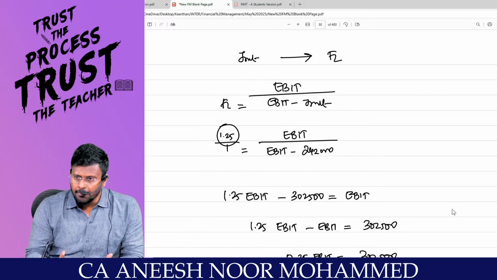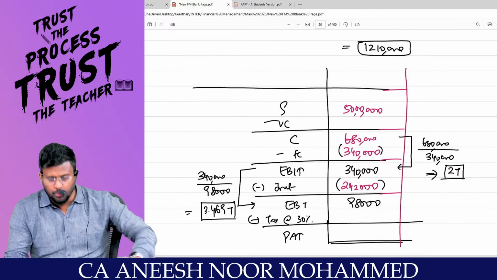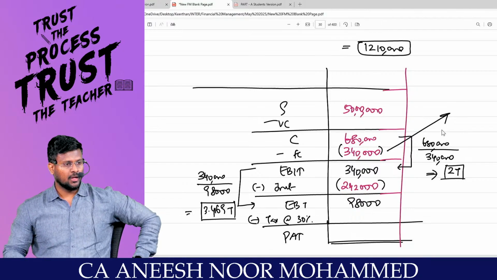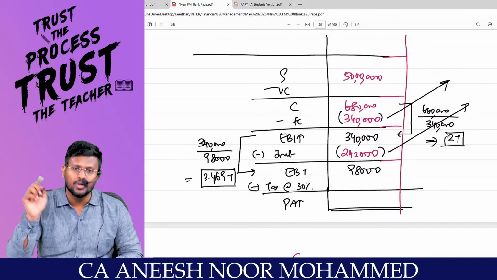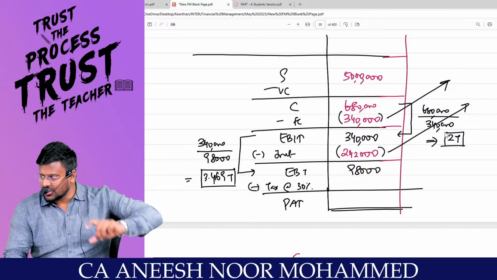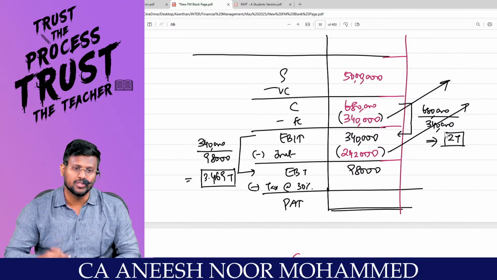Sir, why am I getting an alternative answer? Because you either have to assume that fixed cost is only this much, or you have to assume that interest is only this much. If you are assuming fixed cost is only this much, then interest will change.